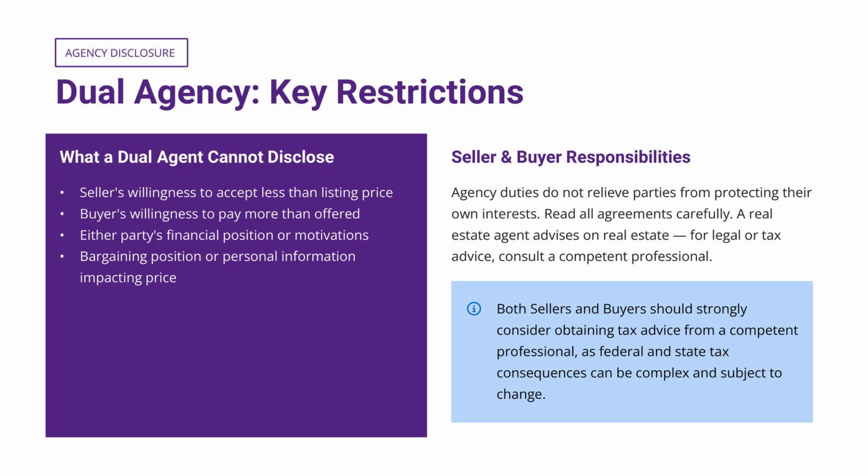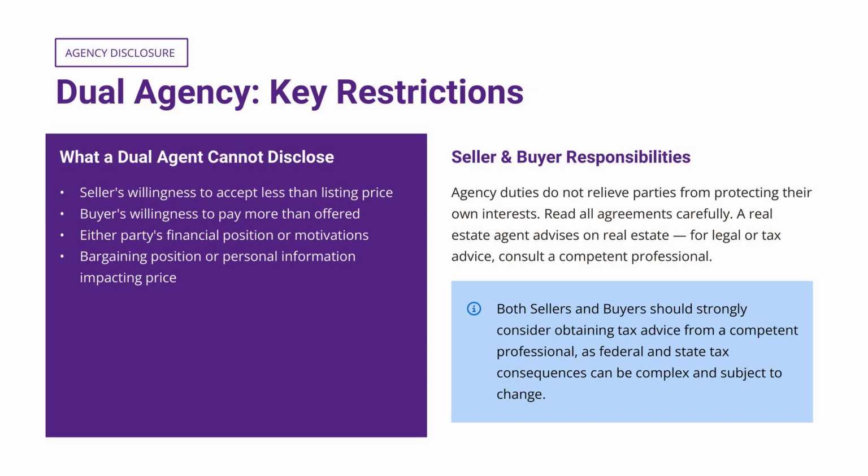In a dual agency scenario, there are strict limitations on what an agent can disclose, such as one party's willingness to adjust their offer price or financial motivations. It's imperative that parties understand agency duties don't absolve them from protecting their own interests. Always advise clients to seek professional legal or tax counsel, especially regarding complex financial implications, as these fall outside an agent's scope.